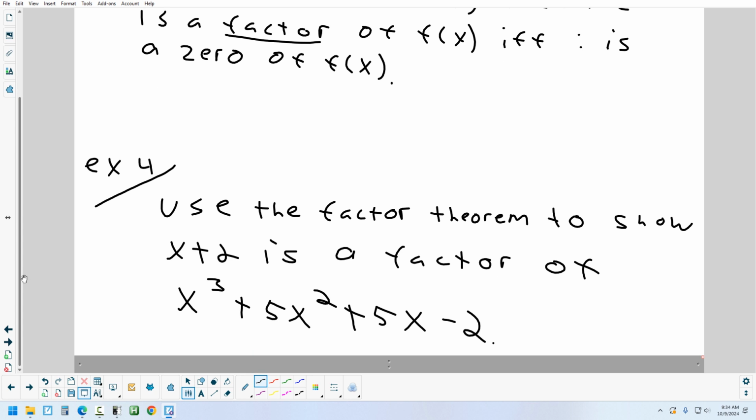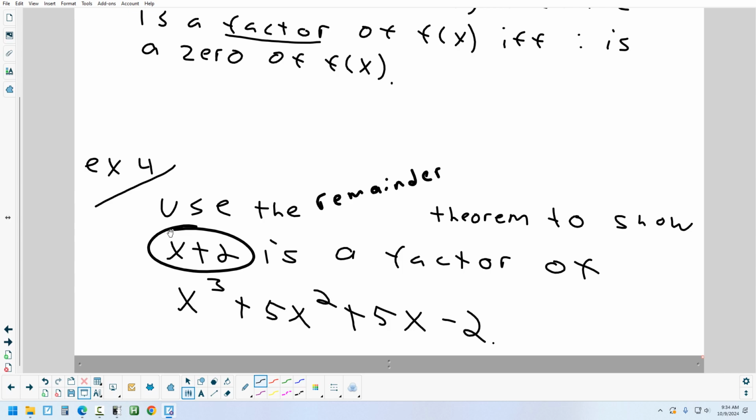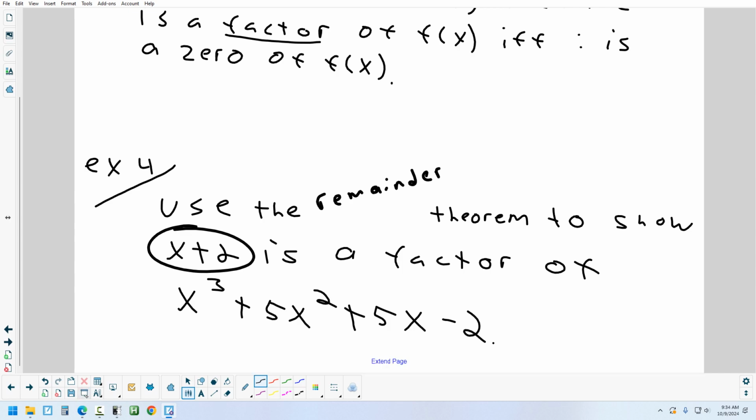It says use the factor theorem, which, if you see the directions in the book, if it says factor theorem in the homework, we're going to use remainder theorem. It's basically the same thing. So use the remainder theorem to show that that is a factor of that. If that's a factor, I'm going to hope when I divide it in, I get a remainder of what? I want to get a remainder of 0.